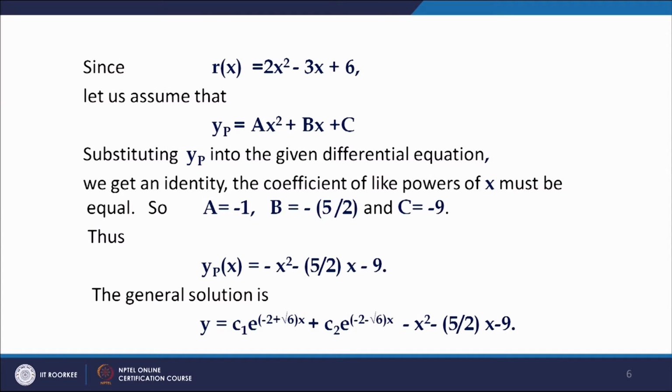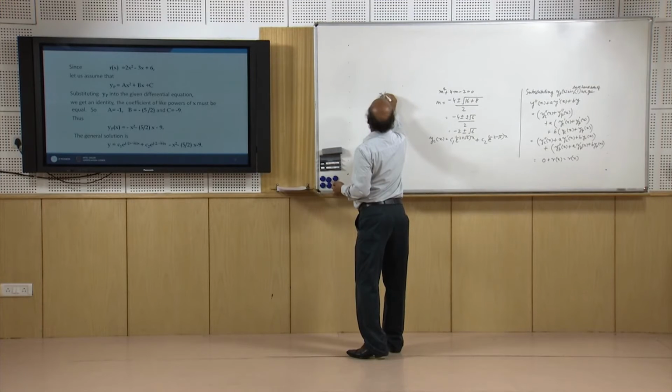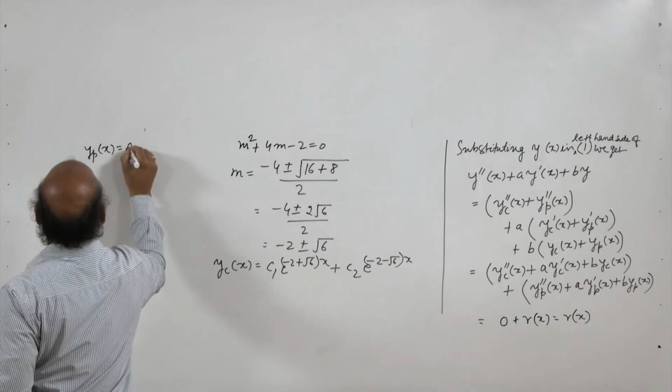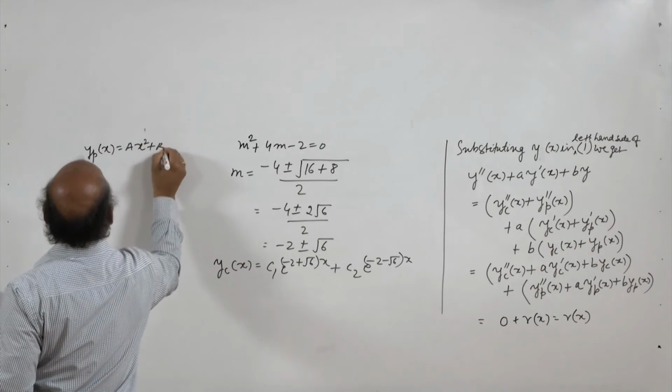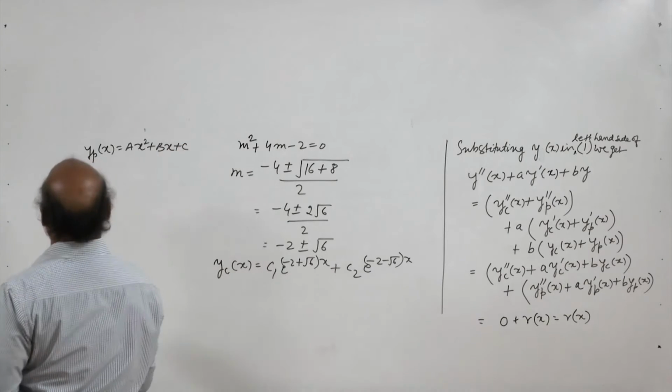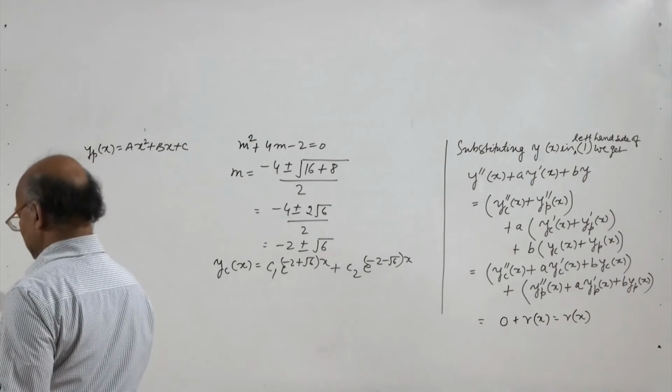We shall determine the values of these undetermined coefficients a, b, c by substituting this y_p in the given differential equation, because y_p is a particular solution of the given differential equation. So, it should satisfy that equation. So, let us put y_p(x) equal to ax square plus bx plus c. Let us put this value of y_p(x) in the given equation.